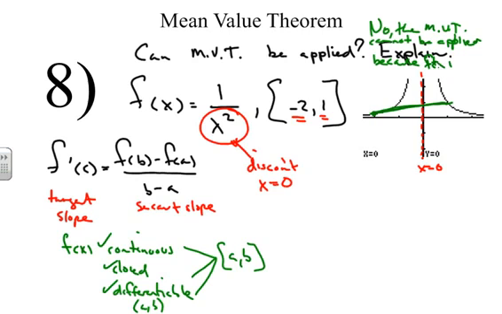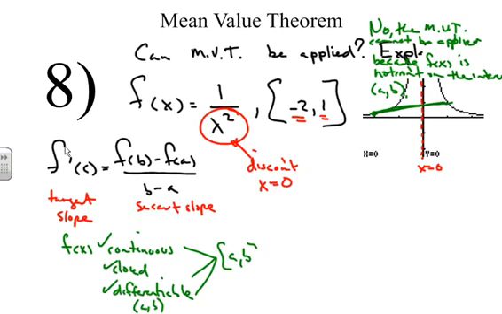F of x, and I'm writing this very poorly, I apologize, because f of x is not continuous on the interval a to b. Or on that open interval, I probably should put. Open interval, a to b. Okay, and that's the reason why.